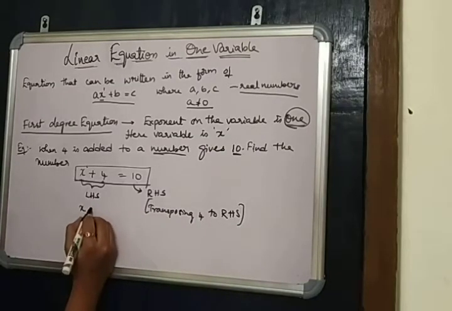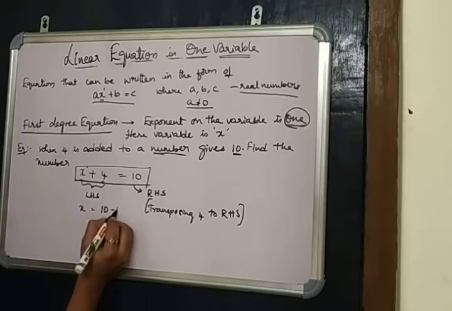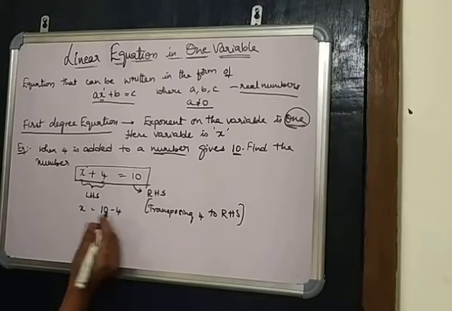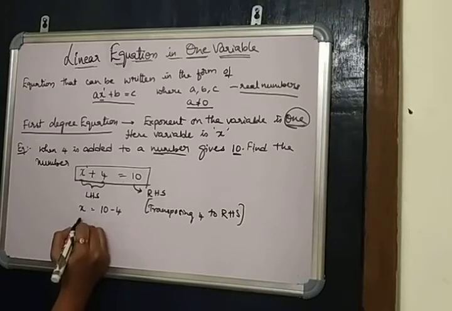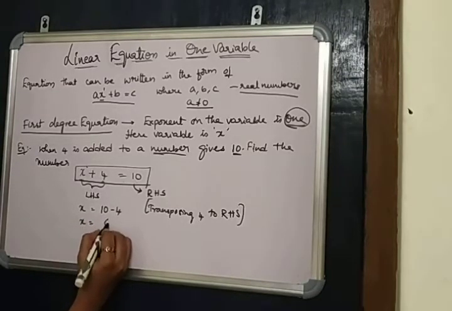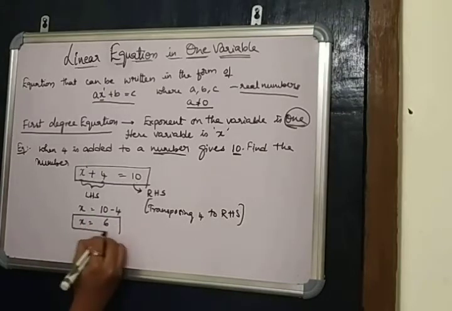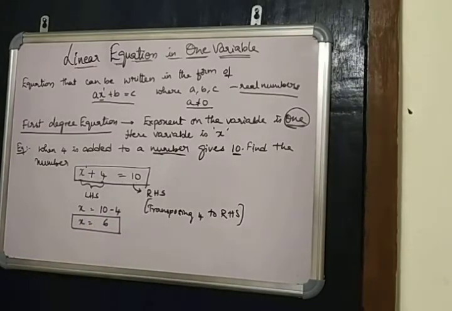Then x = 10 - 4. Plus 4 becomes minus 4 when it goes to the right hand side, so x = 10 - 4 = 6. The answer is 6.